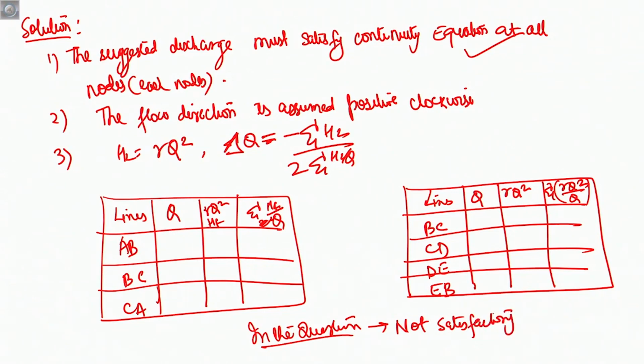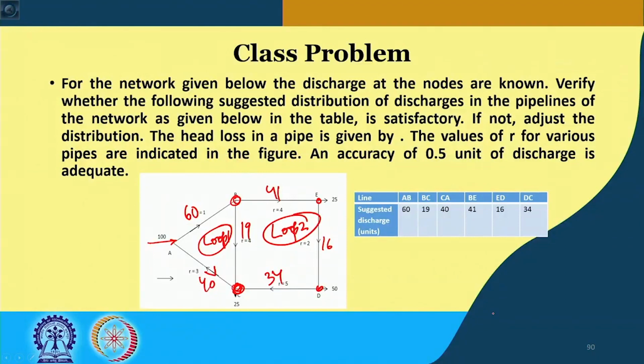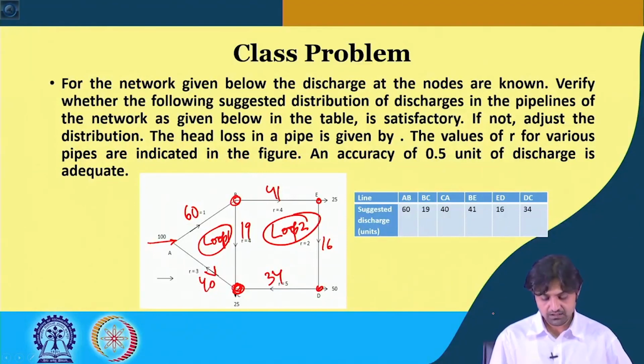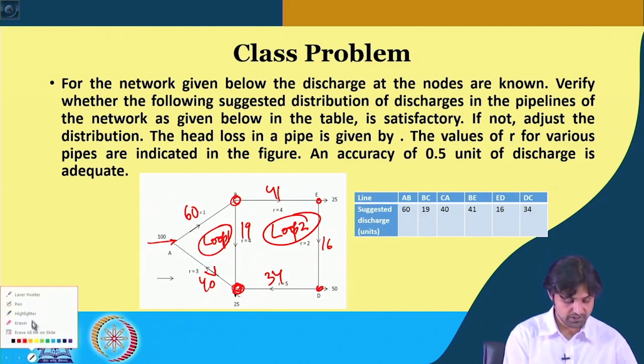We did not even need to go to the second step. In the first step, because the continuity equation was not satisfied, we can simply say that the solutions are not acceptable.